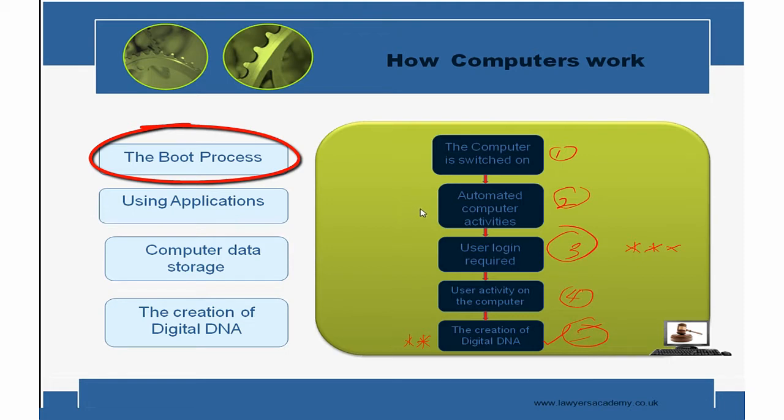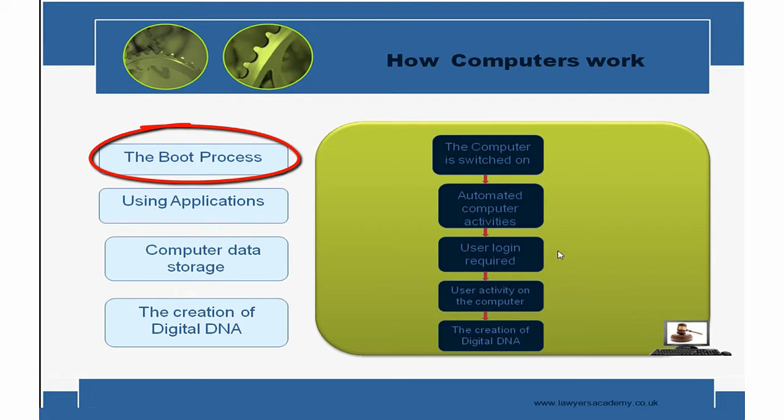Don't forget, all of that will happen at this stage during the use of the computer. So in total, it is important that we take advantage of knowing what the sequence is and what the port of call is, what we should be looking at in terms of the evidence.